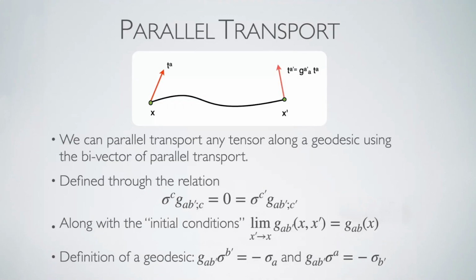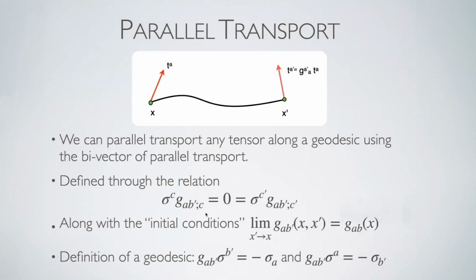Another thing we encounter in the calculations I'll talk about is something called the bivector of parallel transport. This takes a vector at point x, here's the vector T^A, and it parallel transports it along the geodesic from x to x primed and allows you to define a vector at x primed just by contracting the first vector with this bivector of parallel transport, g^A'_A.